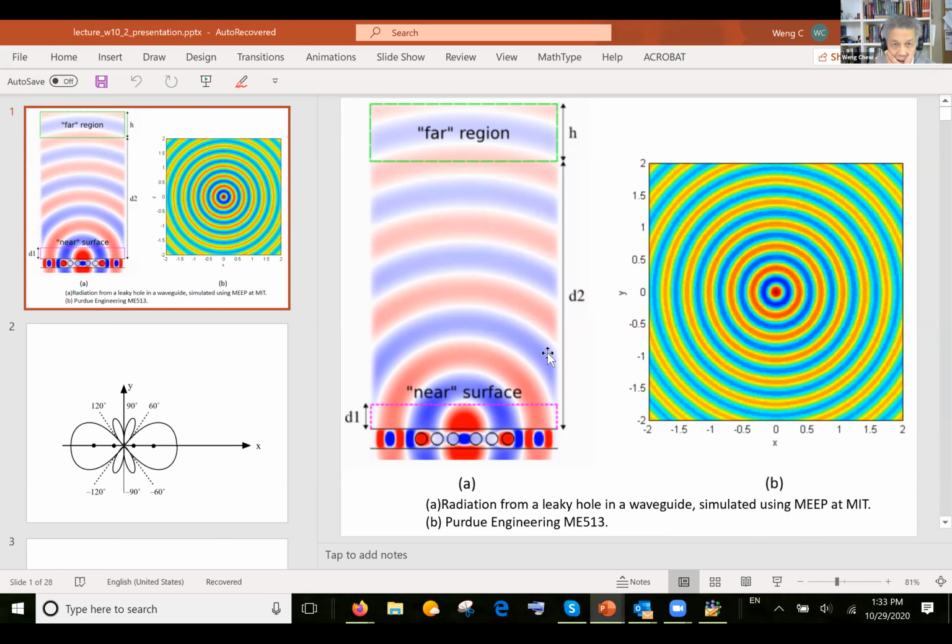Okay, so this is a simulation using a method called FDTD, which stands for finite difference time domain.